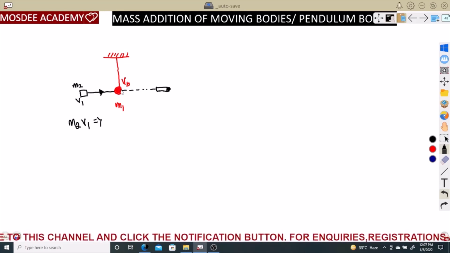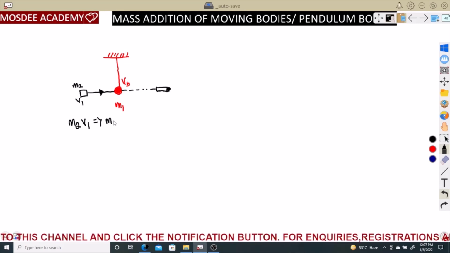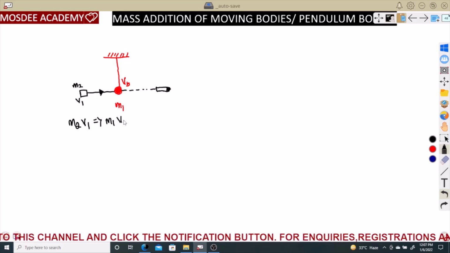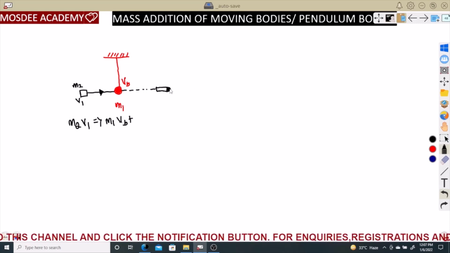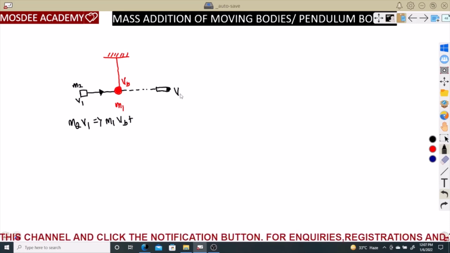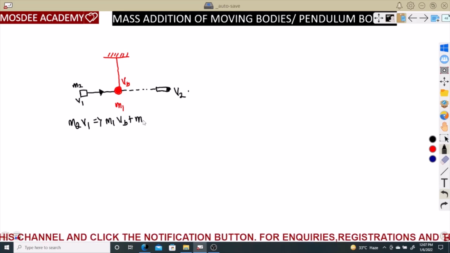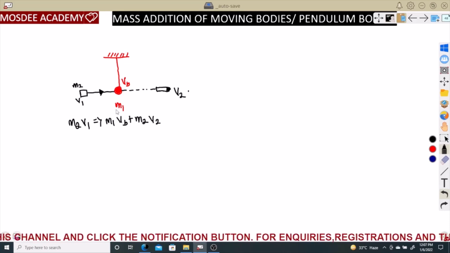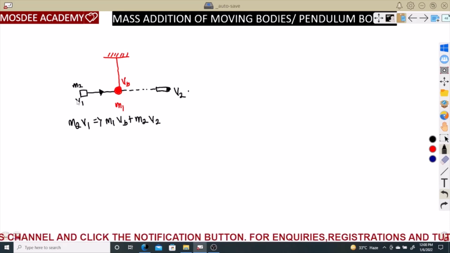Then the final, after the collision, is m1 vb plus, since this was fired and it will come out here, the final velocity will be v2. Then we say m2 v2, the final velocity of the bullet that was fired. So the initial velocity of the bullet was v1.